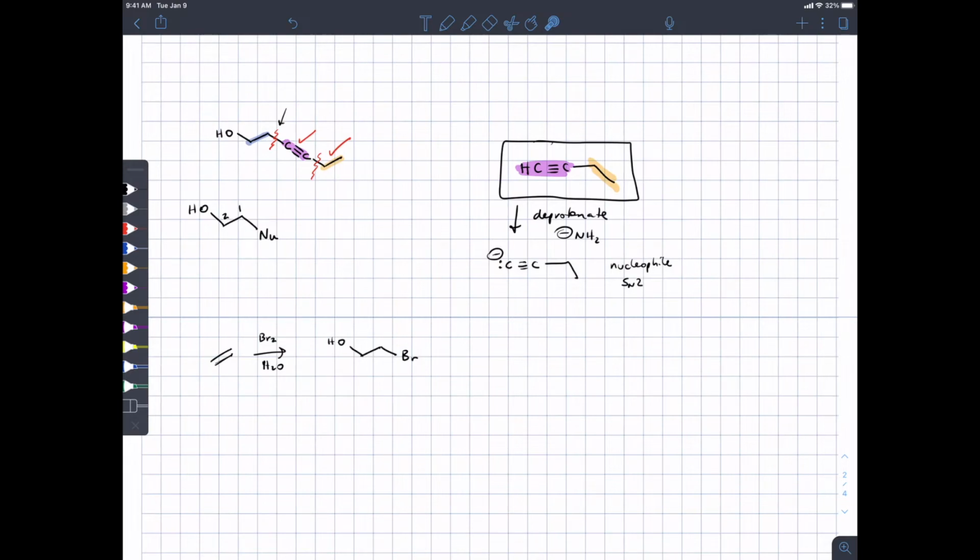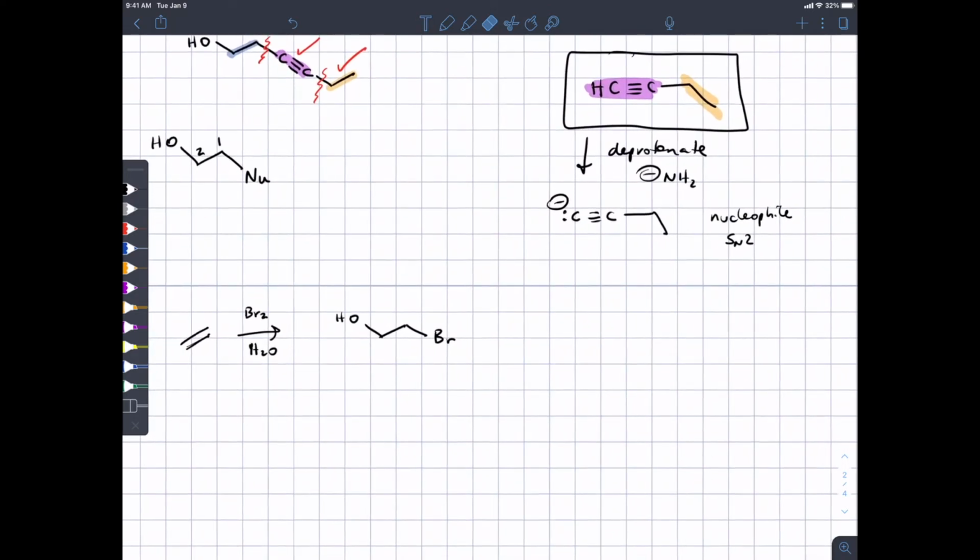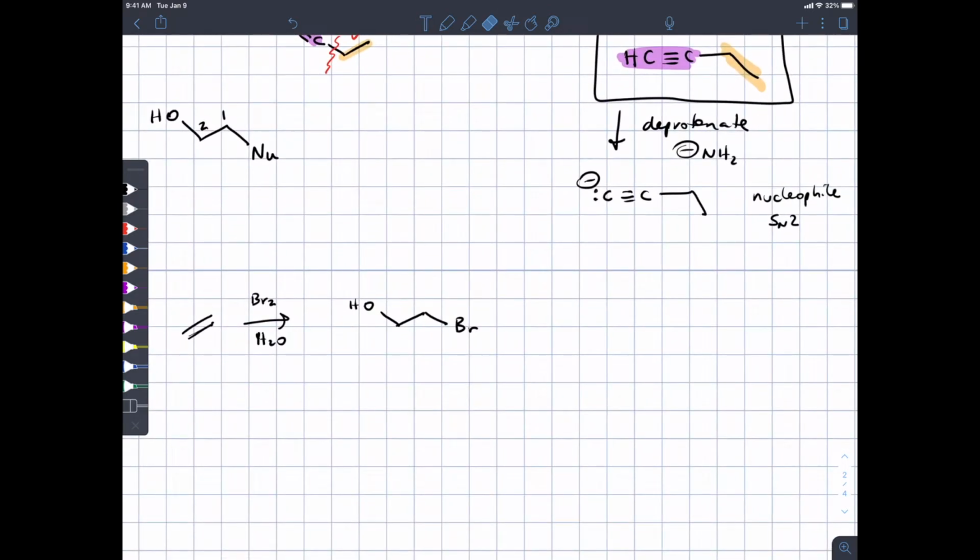You're going to be tempted to say, sure, it looks great because, oh look, SN2 reaction. But there's a problem. Anybody see the problem? Alcohols have pKa's of 16.